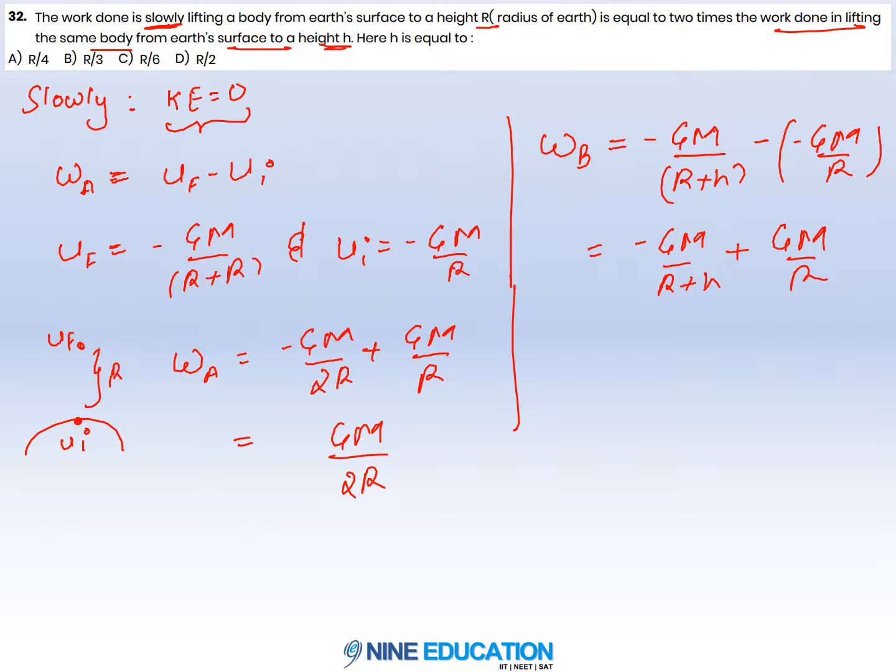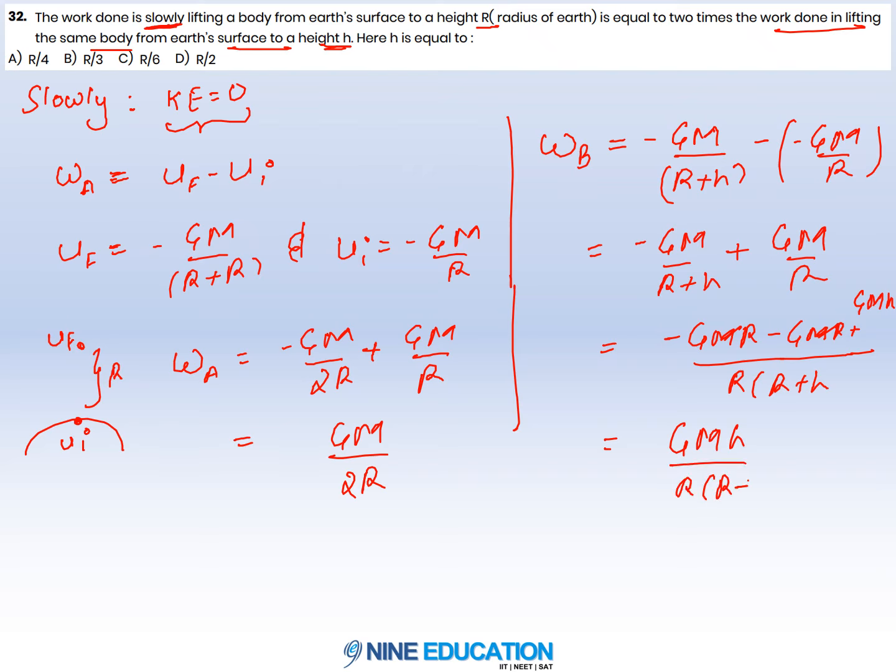From here we will get minus GMr minus GMr plus GMh upon r into r plus h. So these terms will cancel out. What you will get is GMh upon r into r plus h.